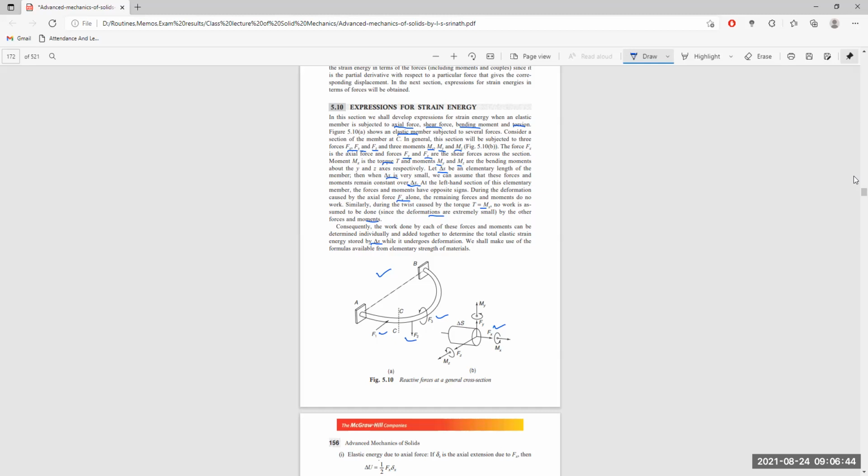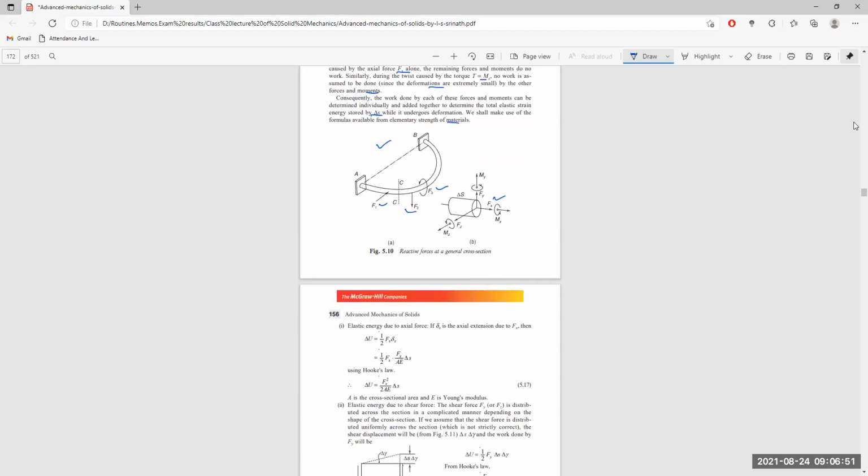We should make use of the formulas from elementary strength of materials, which we already know: that is, half multiplied by the force applied multiplied by the deflection, not strain. This is the total work done, which is stored as strain energy inside the constant member itself.